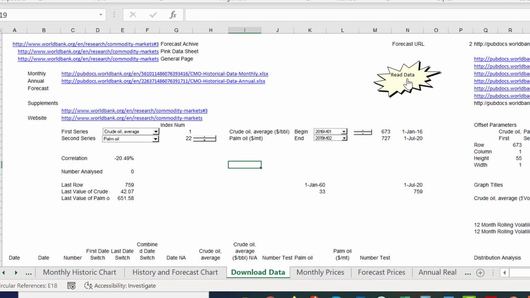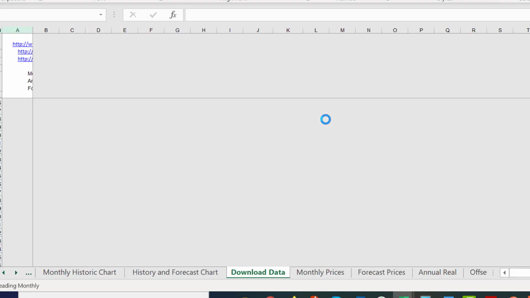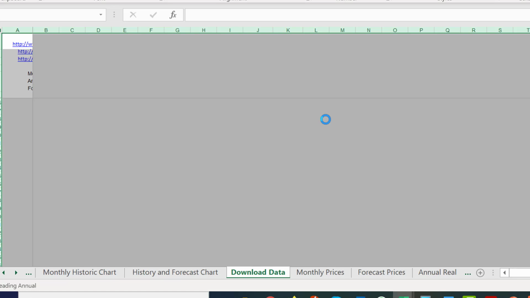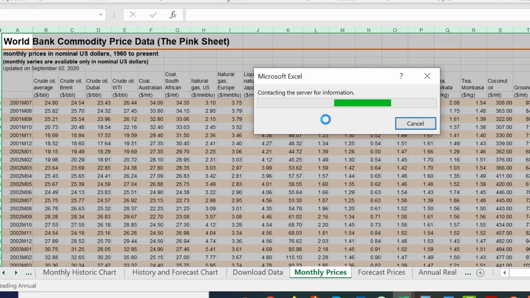So if you press this button, what happens is it goes to the internet. And sometimes I don't like to do this when I'm making a video, but when it goes to the internet, it downloads the data.